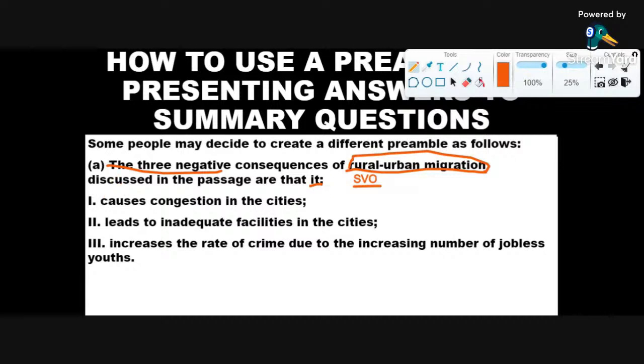So there is an idea you started in your preamble and you allowed it to flow into each of the sentences. And WAEC is saying that with this type of preamble, the answers should be designed in such a way that when the preamble is taken with each answer, it maintains the grammaticality of the entire presentation.